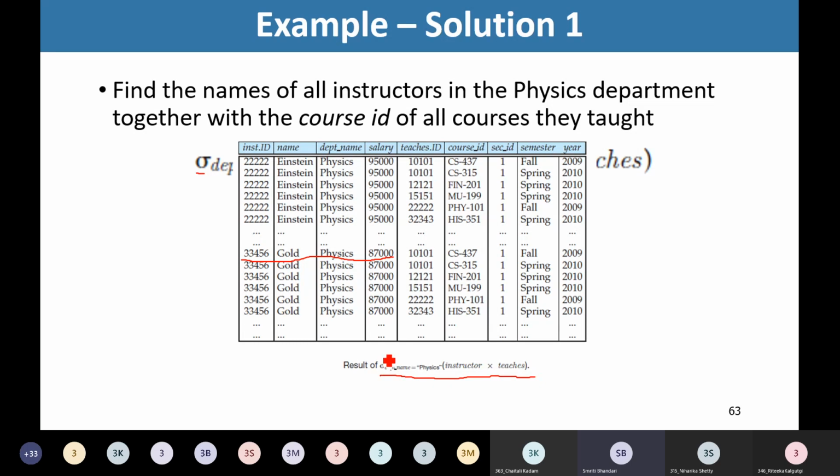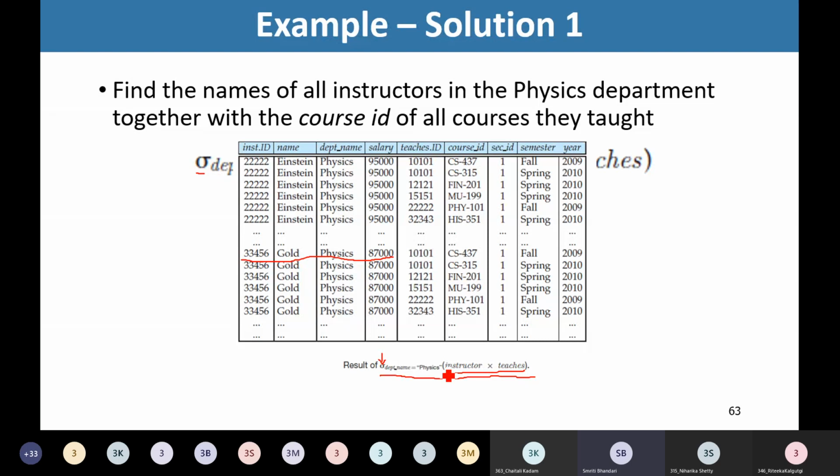Okay, please note here that this select operation is unary operation, and this operation requires only one relation as the operand. Okay, and here what we are using is the cross product. So this cross product is binary operation.